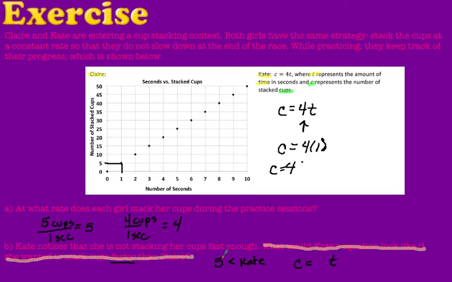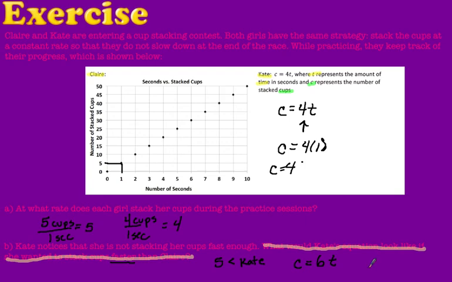But in this case, if we put 5 in, she's not going to be faster than Claire because if you notice, if we put 2 in for T, we do 5 times 2, which is 10. Well, we're going to get these same numbers. 3 times 5 is 15. 4 times 5 is 20. So putting in a 5 won't work. We need to put in a number bigger than 5, which here we could put in 6.